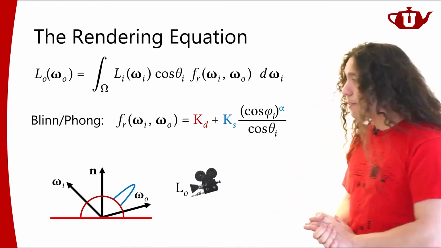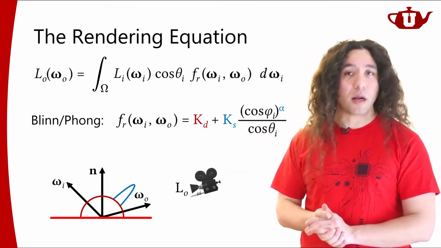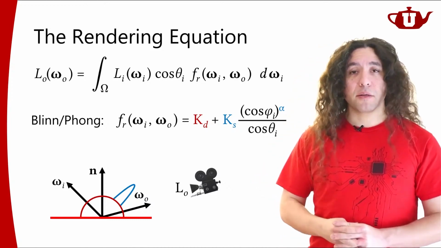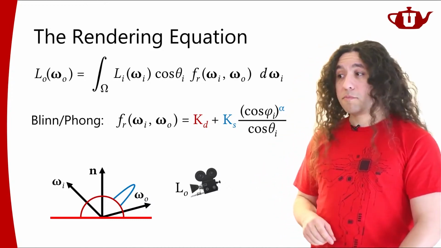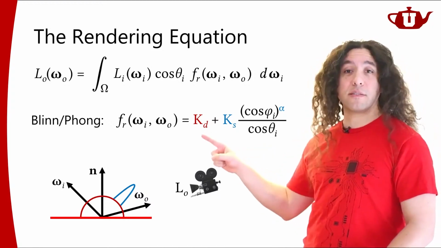But as I said, these are just two example material models. They're relatively simple material models. There are much more realistic material models we have today in computer graphics, a topic that I'm not planning to get into today. But we also have measured materials. So you can actually measure this function.